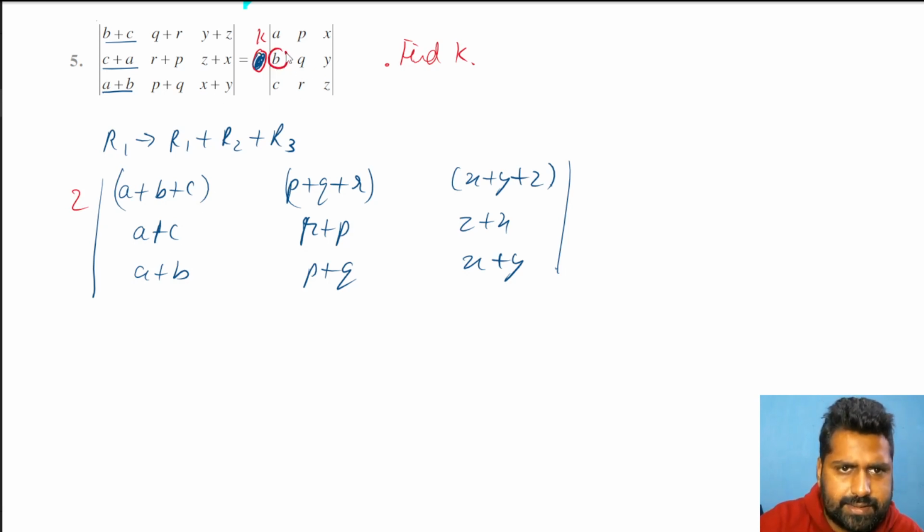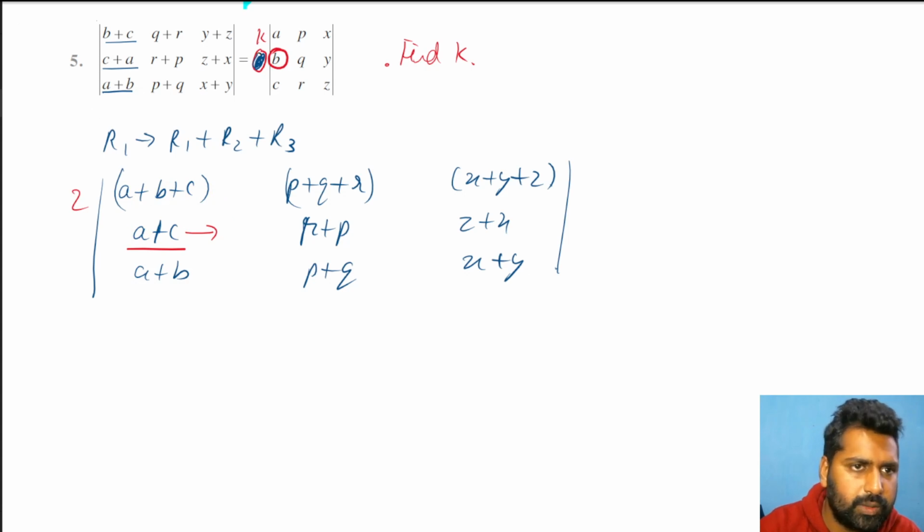See, in the second row, first column, first element, this is B, and right now this is A plus C. Now you have to use the elements above or below to add or subtract to make this B. How can we generate B from the elements above or below? See, if you subtract these two, A and A will cancel, C and C will cancel. All you will be left with is B. Okay. So that's the idea.